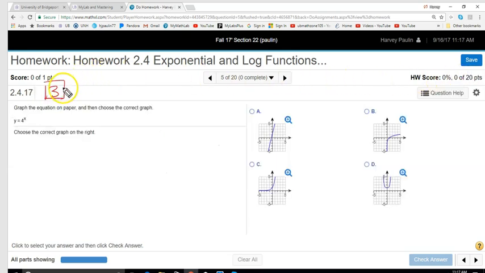Now for number 3, we have this function. Now it's a whole number, so which graph do you think would reflect this? And this relates to example 1.